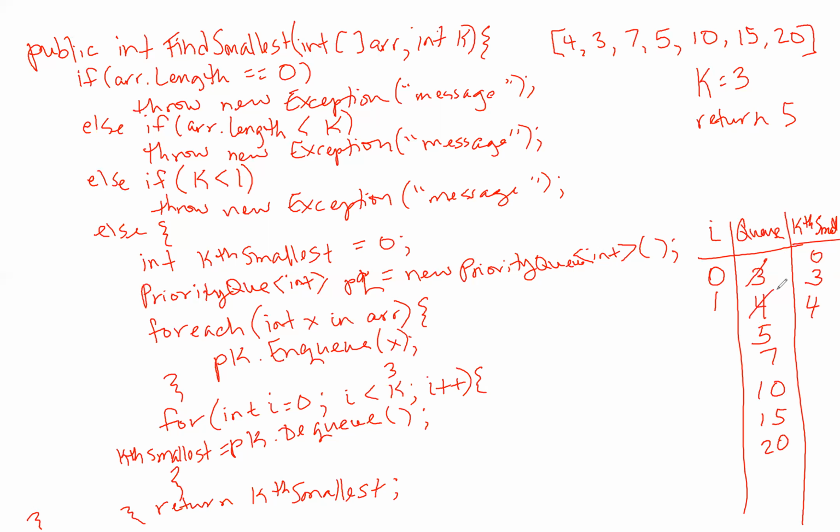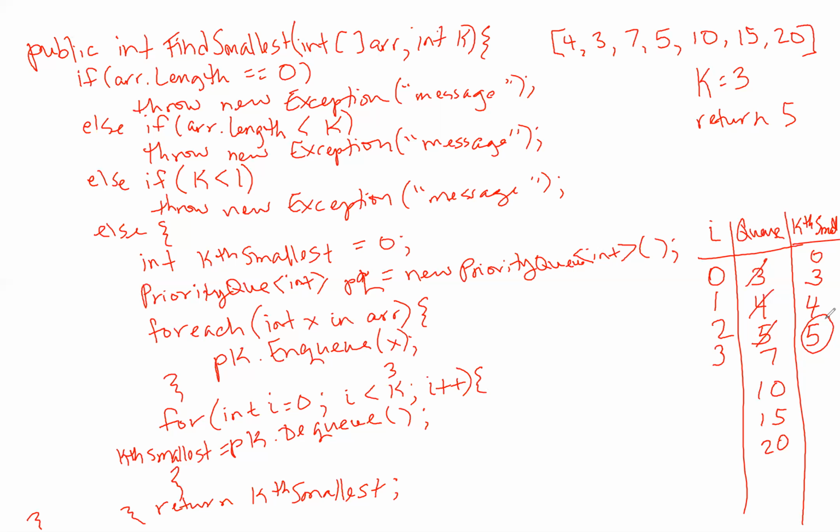Then i++, 2 is less than 3, so we pop off the next element in the queue, and that is 5. Then i++, 3 is not less than 3, so we break out of our for loop and return the kth smallest, which is 5.